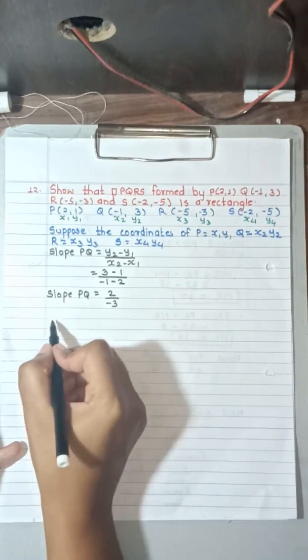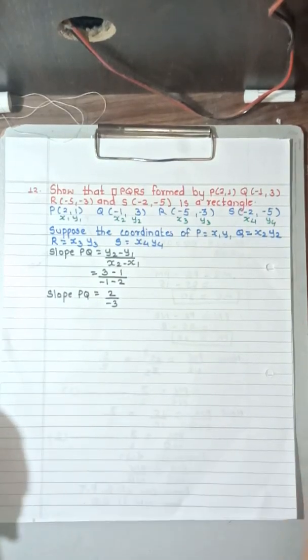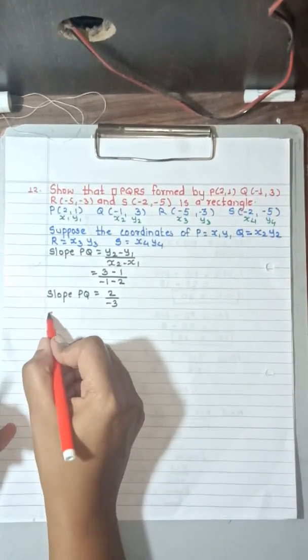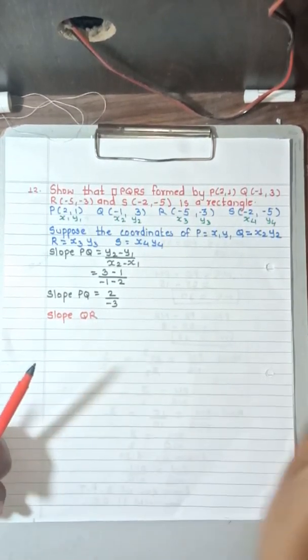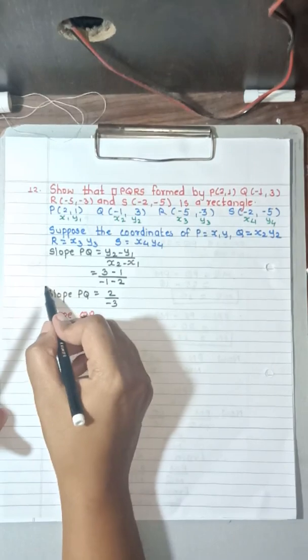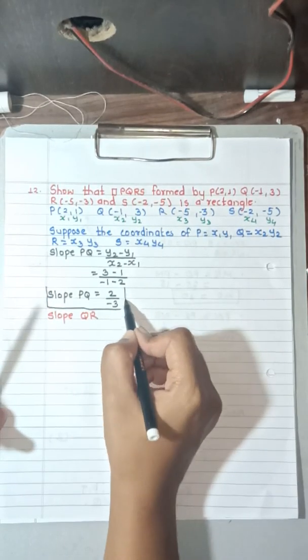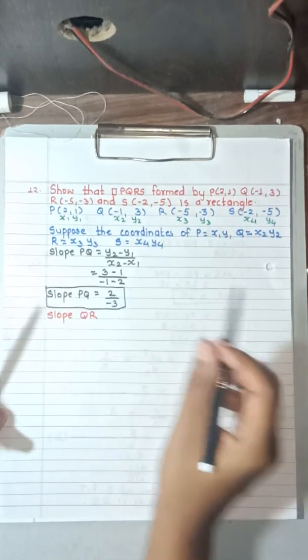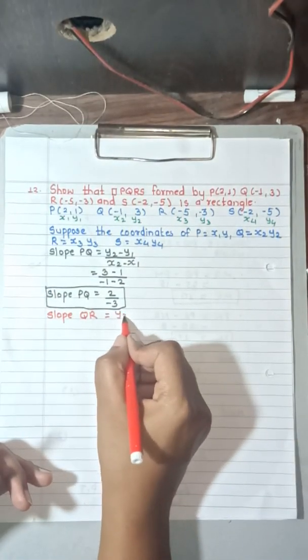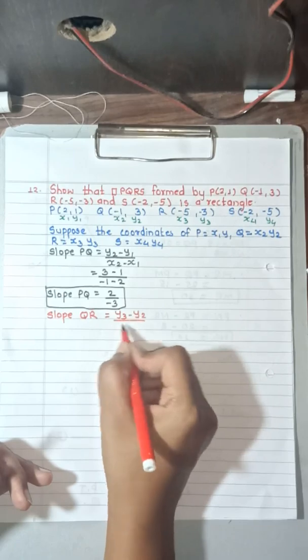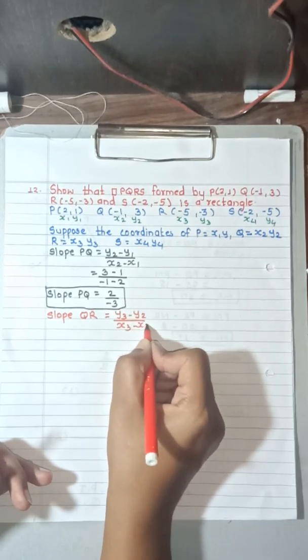Now we'll find out slope QR. Just I'll bracket this. Now slope QR is equal to y3 minus y2 upon x3 minus x2.